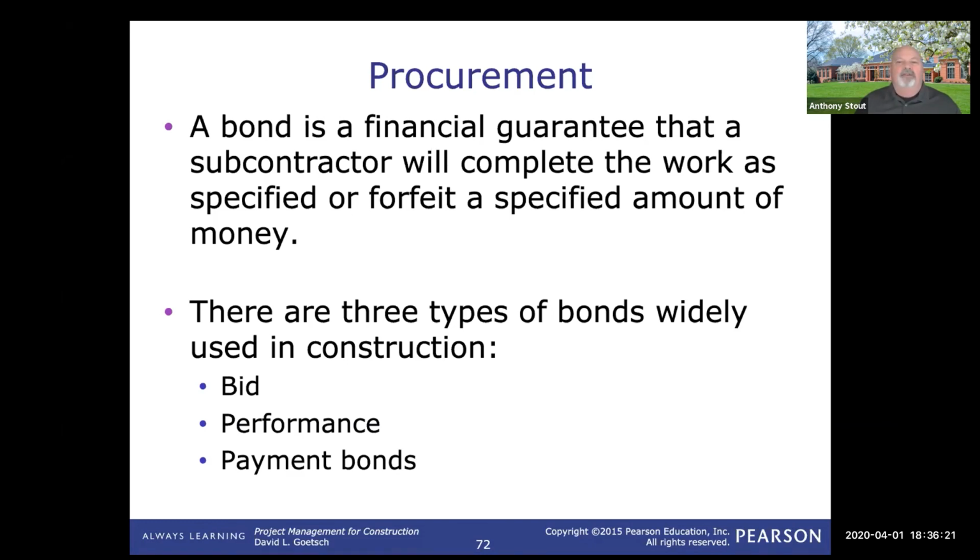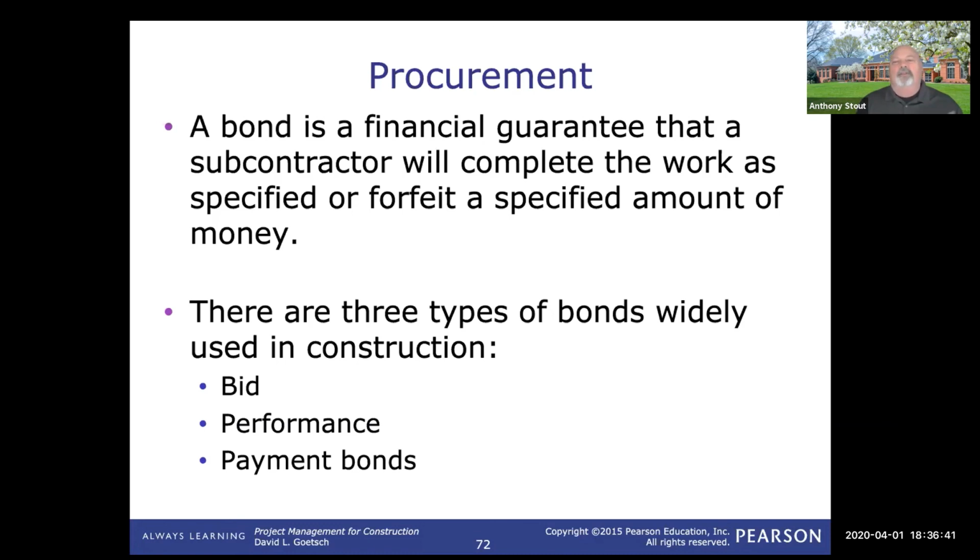Performance bond is based on the work, and then payment bonds are really to protect subcontractors. If you hire a bunch of subcontractors to do work, and then all of a sudden you get paid, but don't pass the money on to the subcontractors, then they can come after portions of the payment bond that was posted.